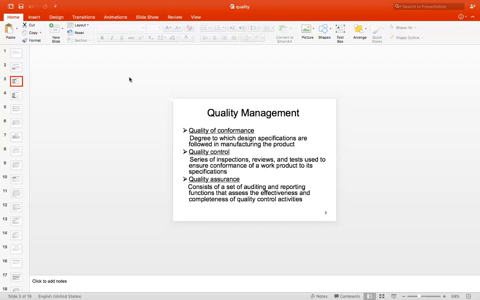So who will perform all these? The series of inspections and reviews are performed by the manager or the team leader of that particular team. Okay, so inspections and reviews are not only things which have to be performed at the end of the project. No, they have to be done at each and every phase of your project.